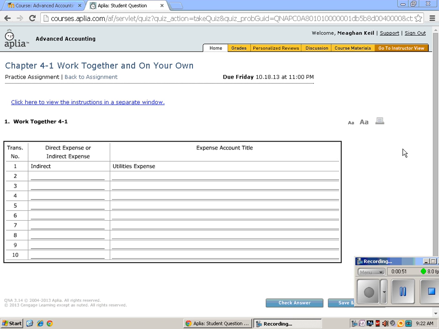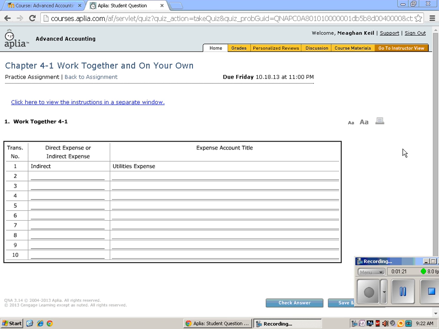So basically what we have to know here, a direct expense is identifiable with and chargeable to a specific department. For example, our departments would be crafts and fabrics. So something that just the craft department uses would be a direct expense, whereas utilities or your electricity, which all your departments use, or your rent, would be an indirect.